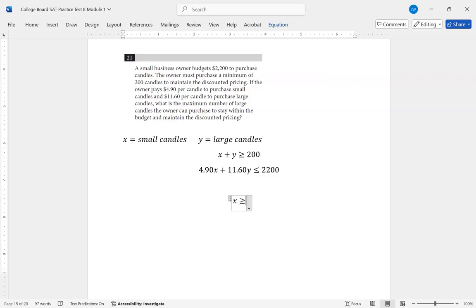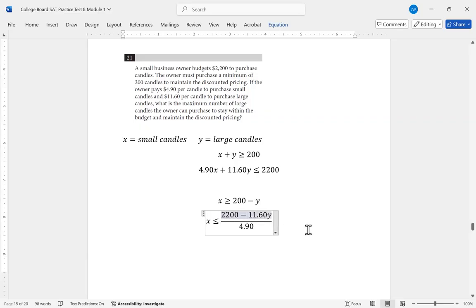We get X is greater than or equal to 200 minus Y. And in the second inequality, if I solve for X, I would take 4.90 times X less than or equal to 2200 minus 11.60Y, and then do a second step of dividing by 4.90.